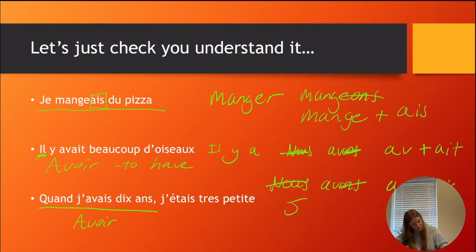And obviously, because we don't need the E in je, because there's a vowel at the start of avais, we just cross it out, so just J apostrophe AVAIS, yeah? So it's just j'avais. If you're unclear on why you have to say quand j'avais 10 ans, when you're talking about age, how old you are, in French you say I have 9 years. You don't say I'm 9 years old, you say I have 9 years. So in the present it would be j'ai 9 ans. You always say I have the amount of years, okay?